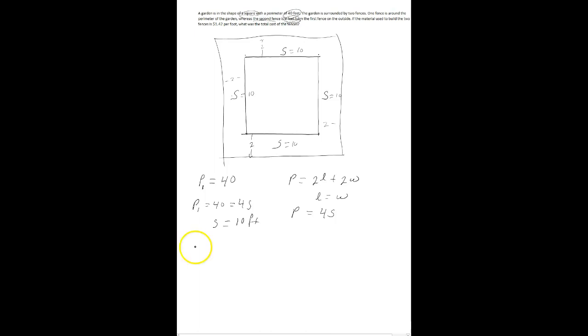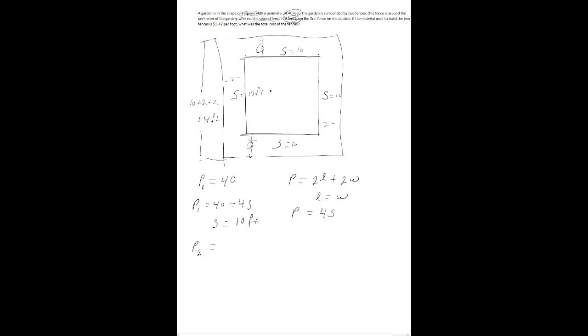So we know the perimeter of the second fence is going to be equal to, well, how long is this side now? This side over here is going to be 10 feet from this distance here, plus this 2 feet, plus this 2 feet right there. So 10 plus 2 plus 2 is 14. The length of this side is going to be 14 feet long, where this is 10 feet long.